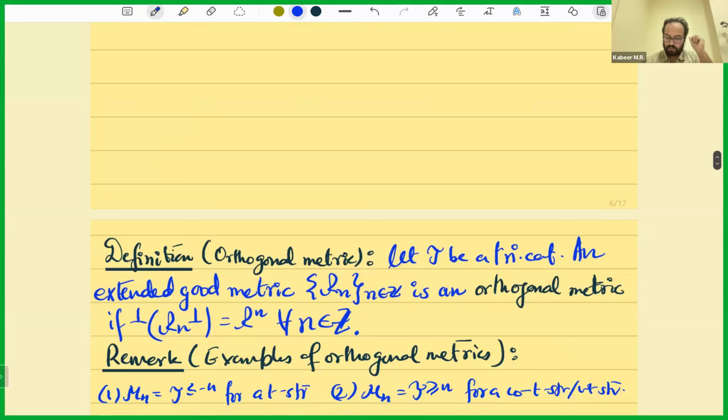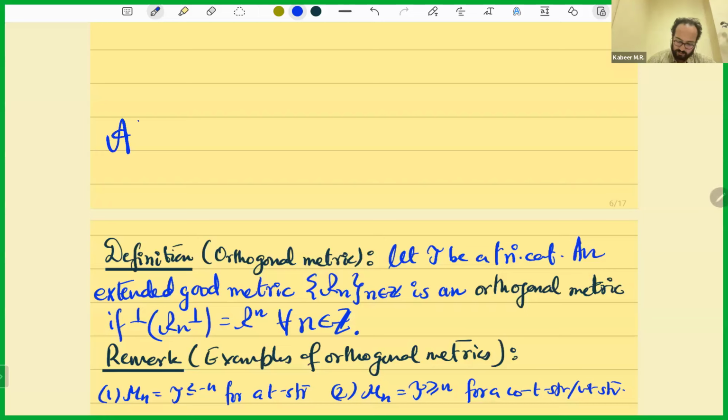Okay, then I'll move on to talking about the ingredients required for stating the definition of a G-approximable triangulated category. First, an orthogonal metric. So let T be a triangulated category. We say an extended good metric is an orthogonal metric if the left orthogonal to its right orthogonal is itself. Whenever I'm saying orthogonal, I mean orthogonal in the sense of hom-orthogonal.